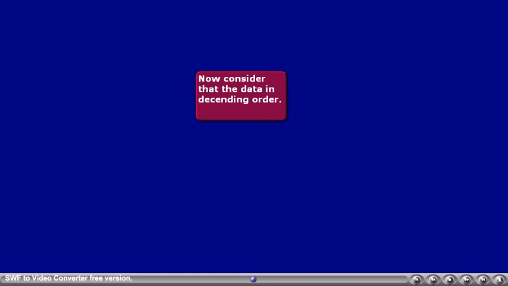For example, if I take the array already in the descending order, which means that the ith element value is smaller than the i minus 1th element value. If that is the situation, when we try to apply the insertion sorting algorithm, when I take the ith element, its value will be smaller than all the elements before it.